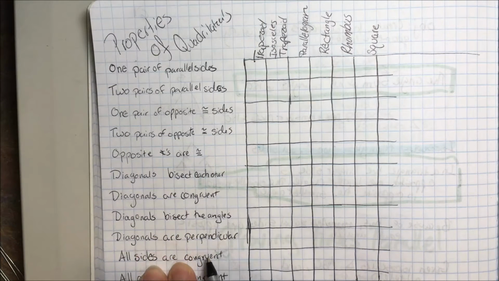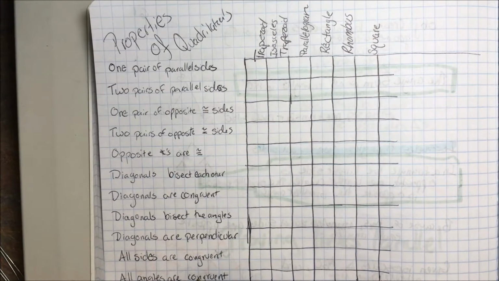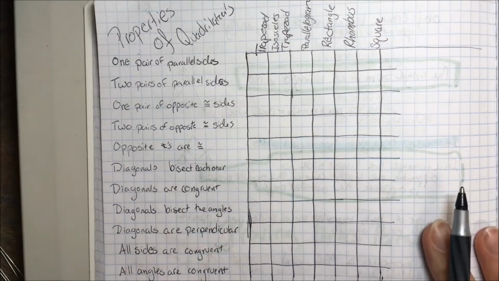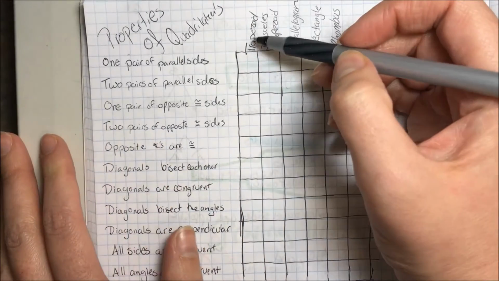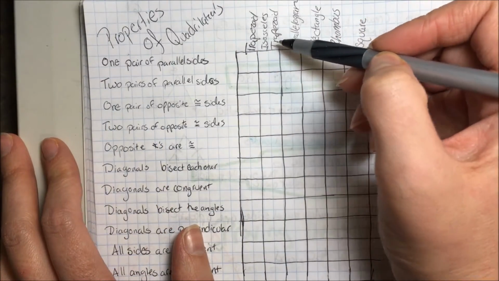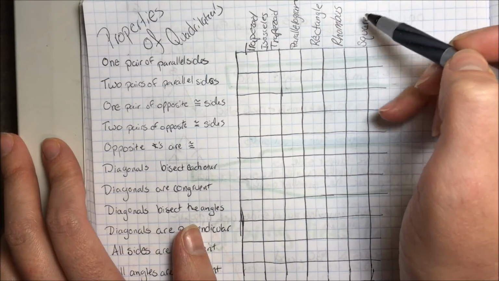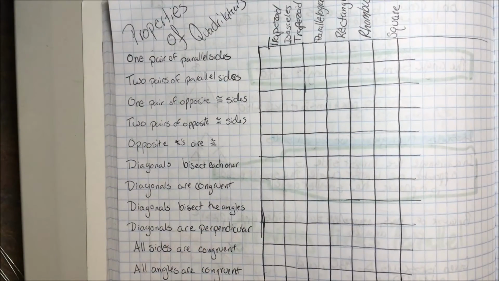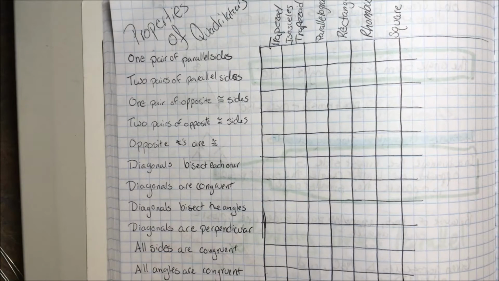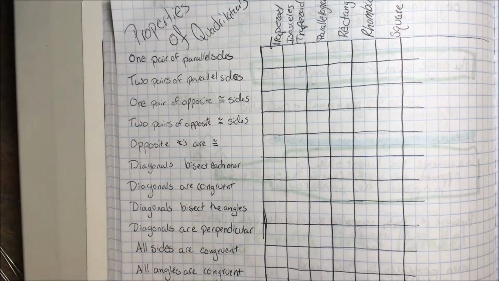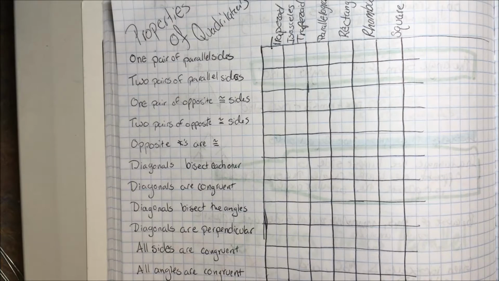Diagonals are perpendicular. All sides are congruent, and all angles are congruent. Okay. Across the top I have the trapezoid, the isosceles trapezoid, the parallelogram, the rectangle, the rhombus, and the square. We're not going to talk too much about kites. We don't really have the time to talk about kites, so it is what it is.